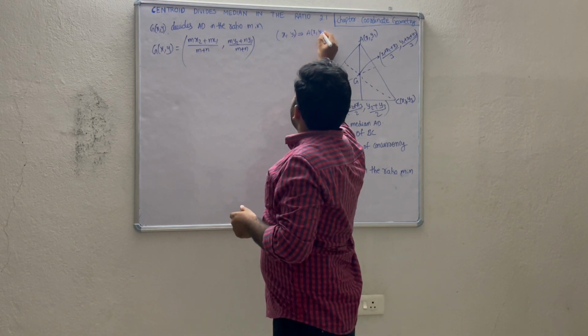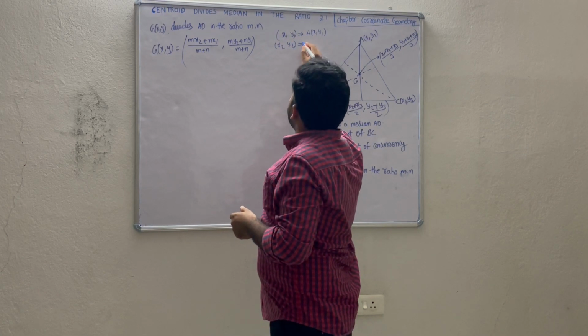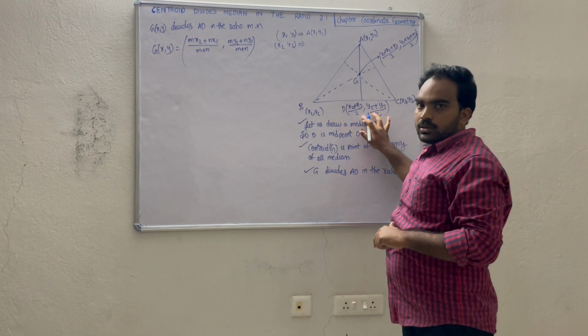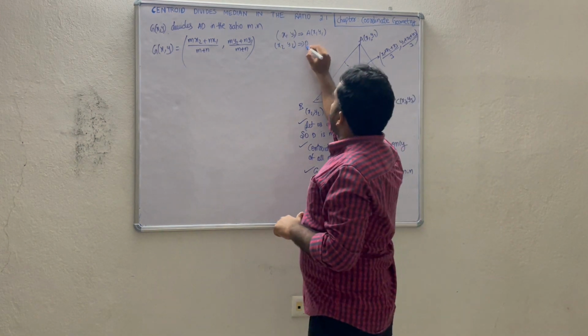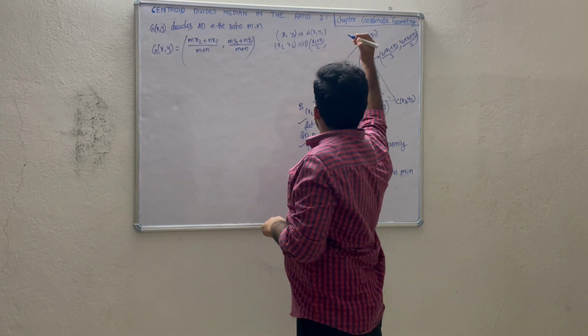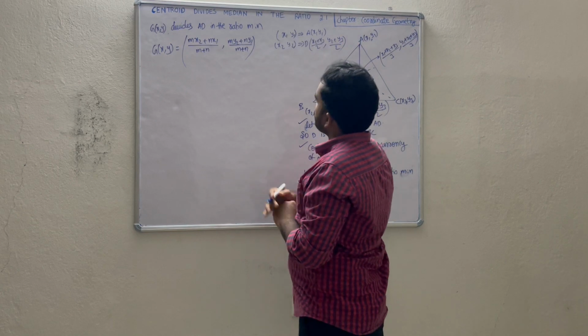What about x2, y2 here? That is our midpoint D which we found initially: (x2 plus x3 by 2, y2 plus y3 by 2).